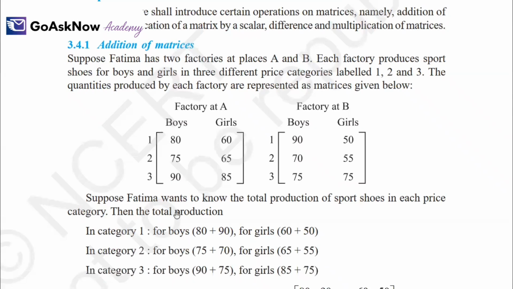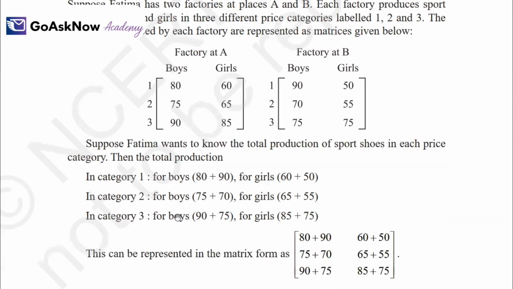So the total production for category 1 is calculated separately for boys and girls. For boys, it will be 80 plus 90. For girls it will be 60 plus 50. And in category 2, for boys 75 plus 70, and for girls 65 plus 55. So these are added correspondingly for boys and girls.